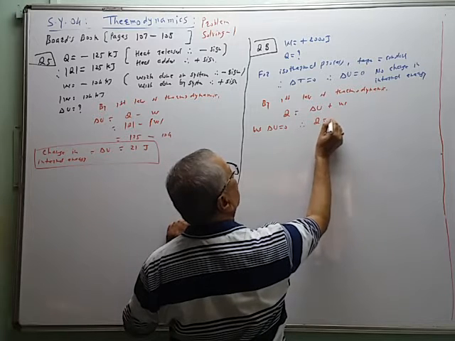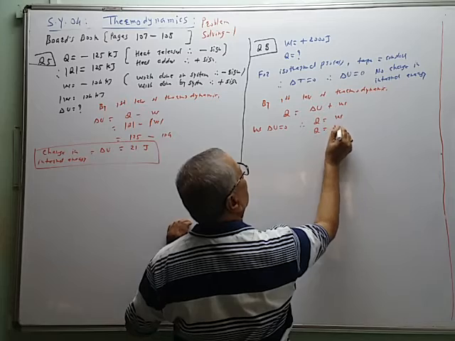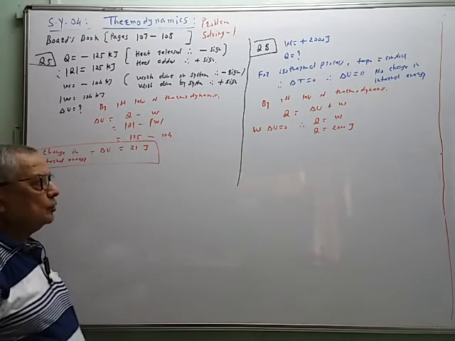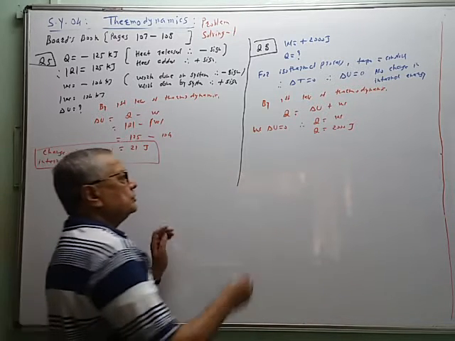Therefore, Q is equal to W. So Q is equal to 2000 joule. So all the heat energy supplied or added is used to perform the work done during the volume change.